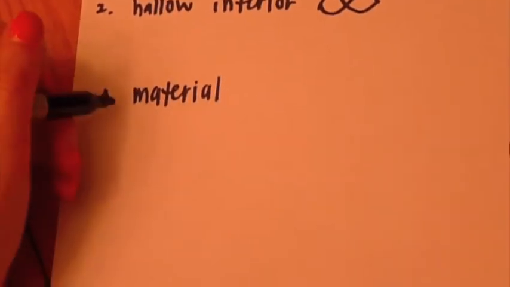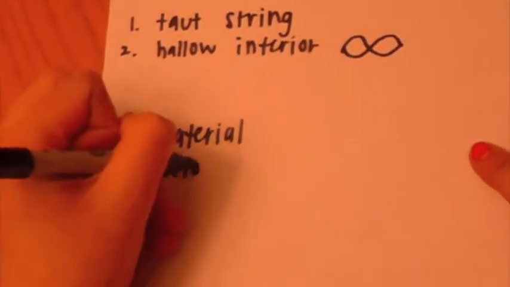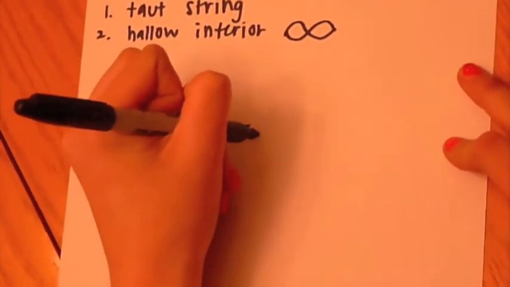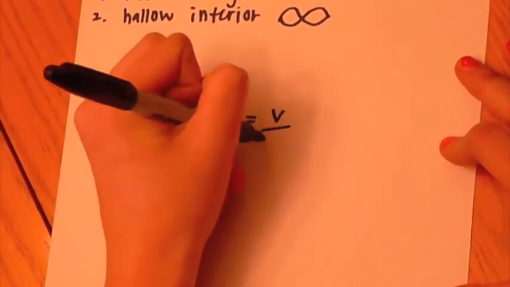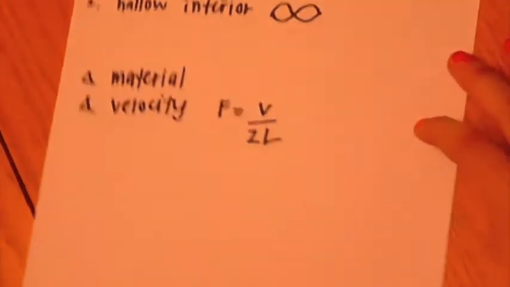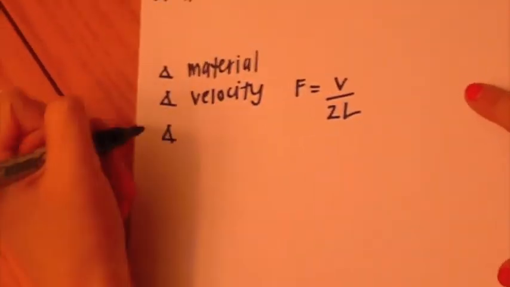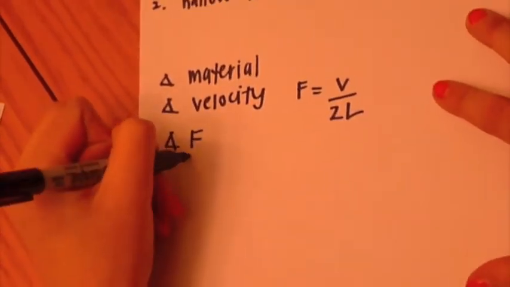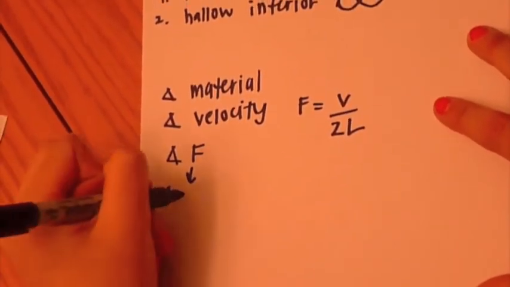When you change the material, that changes the velocity, which from the formula we learned, that frequency equals velocity over 2 times the length of the wave, frequency will change with a different velocity. Frequency is what controls pitch, so a change in velocity will cause a change in pitch.